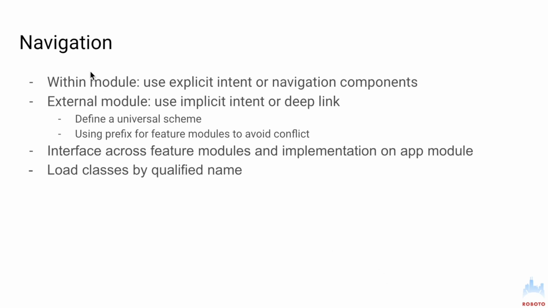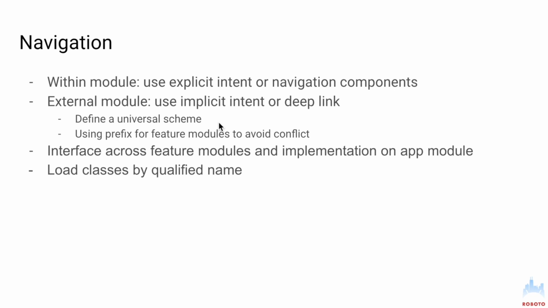You have to review whether the destination is within the same module. Then you can use the explicit intent and navigation commands like normal: start the activities or replace the fragment without any problem. But with external modules, we need to use the implicit intent or the deep link in this case.